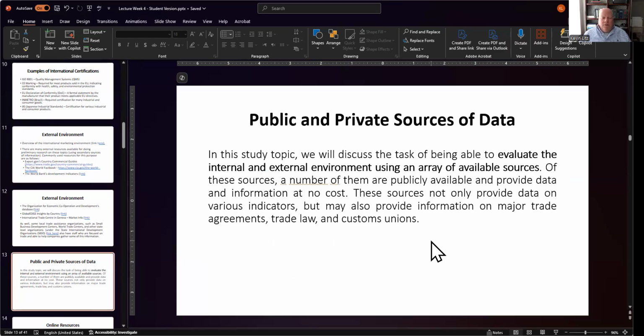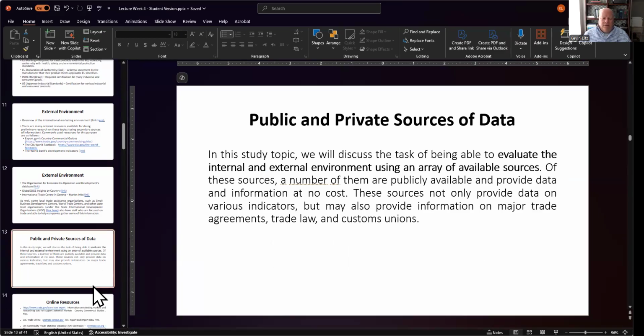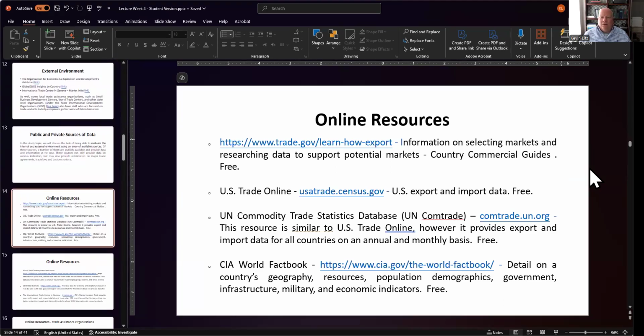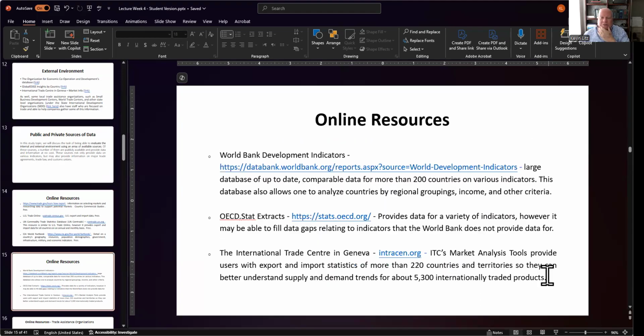Now, public and private sources of data or research online. We just talked about this. U.S. trade, that is how to export, census, commodity statistics, CIA World Factbook. Those are all free research. World Bank development indicators, there is the website to which I was referring.